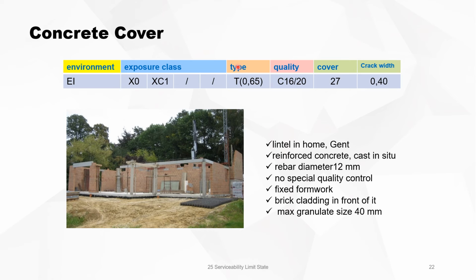The concrete quality also from the table is C16/20, and the cover we calculated just now is 27, and the crack width also comes from the table, but we know for the crack width it's always 0.3 millimeters, except for the environmental class E1. That's 0.4 millimeter. And this gives you the total information that you need to specify your concrete.